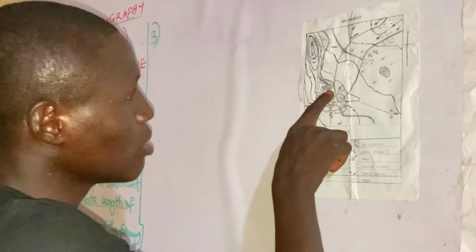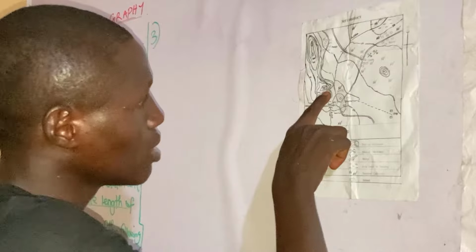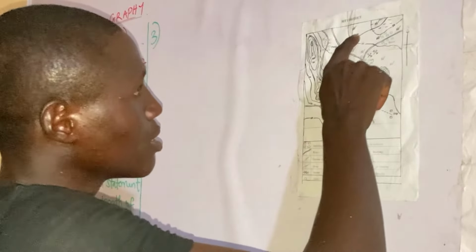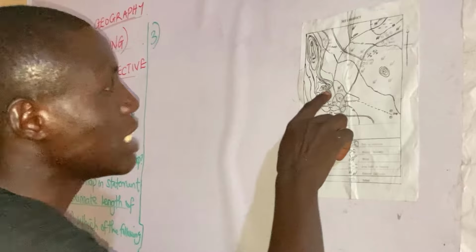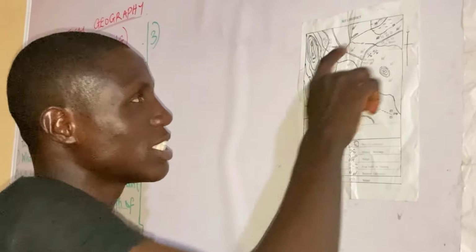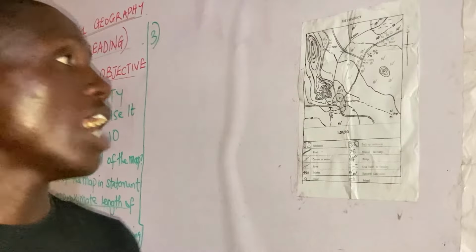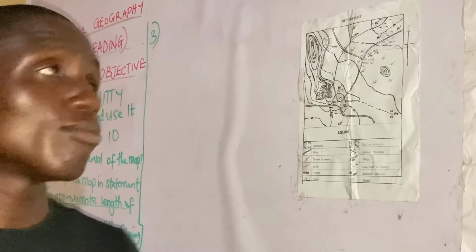You have a saddle here. But let's continue. The river is coming from here to here. So we were asked to calculate the approximate length of Fond River. Now, how do you calculate the approximate length of it?